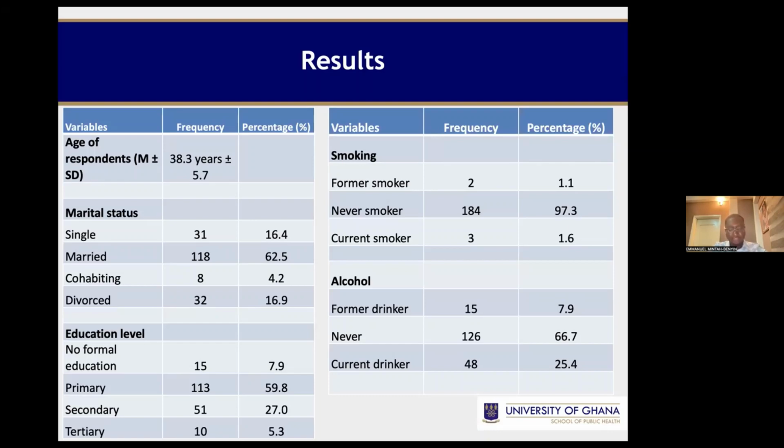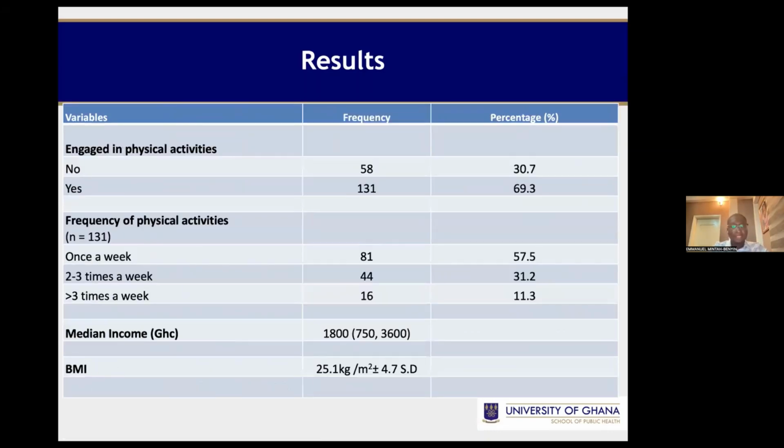69.3% had engaged in some form of physical activity, and 57.5% had their physical activities once a week. The median income of respondents was 1,800, with a minimum of 750 and maximum of 3,600 Ghana cedis.